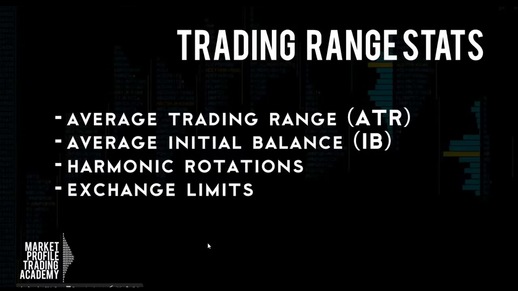Another one that you can track, although I didn't list it here, is the average range of the first 5 minutes. There are studies out there, but for the type of trades that I do, I'm not a scalper. I'm more an intraday swing trader, and that's not a stat that really is meaningful to me.